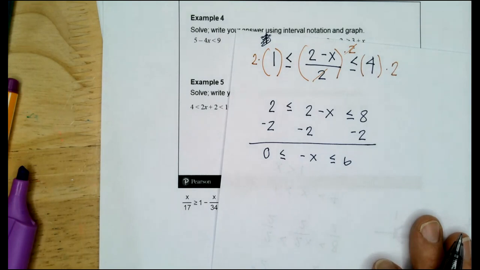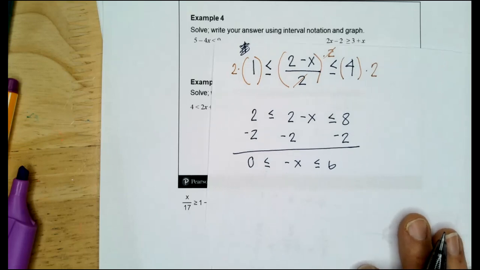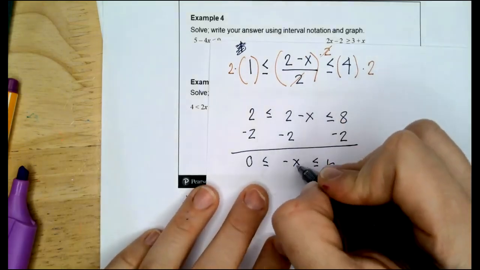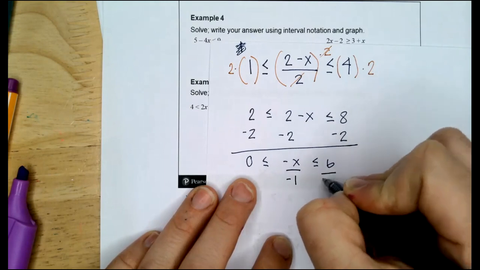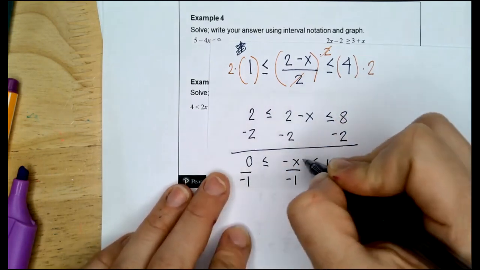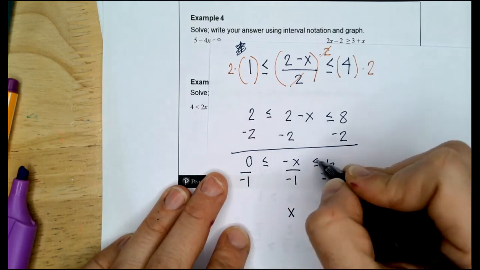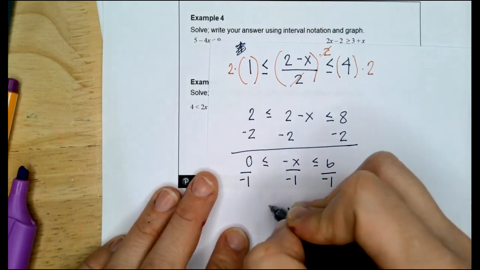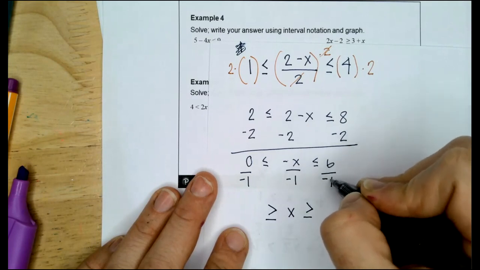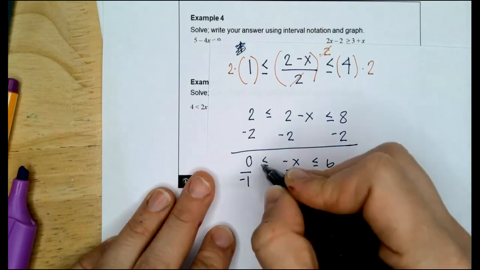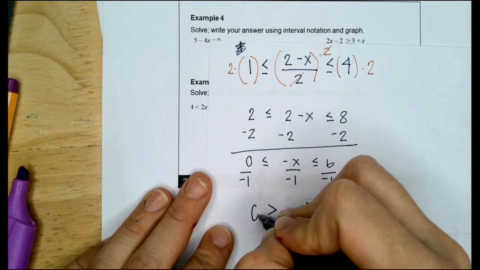I can't leave it as a negative x. I need to divide by a negative 1 or multiply by a negative 1 and change the signs, right? So I'm going to divide by negative 1 to make the x positive, because a negative divided by negative is a positive, but I need to change that sign. Okay, 6 divided by negative 1 is a negative 6. 0 divided by negative 1 is still 0.